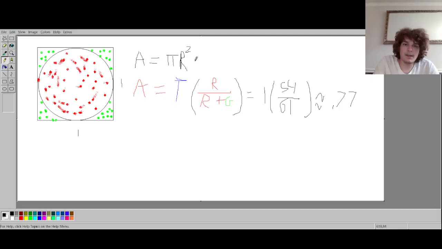So this means that the area equals 0.77, which means that pi equals this ratio, by the way, since we made our square area equal to 1, divided by r squared.